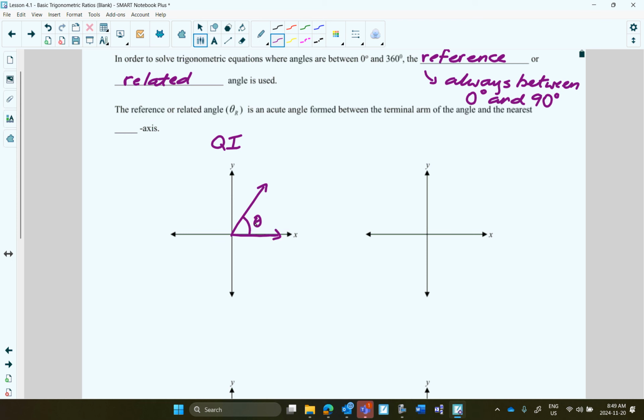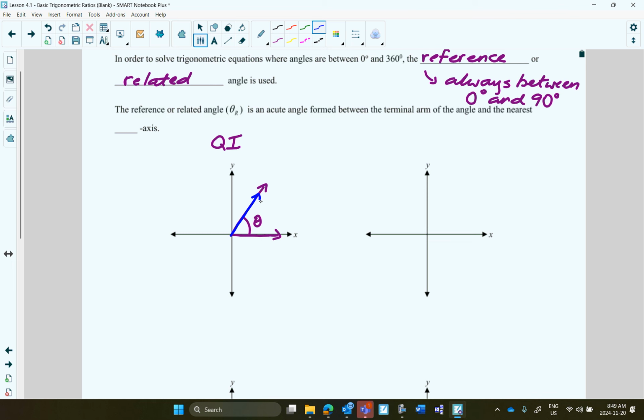Its reference angle will be the angle between the terminal arm of this one and the nearest x-axis. So its reference angle is going to share the same terminal arm and the nearest x-axis, either positive or negative, which one's closer? This one? Yeah, the positive one.